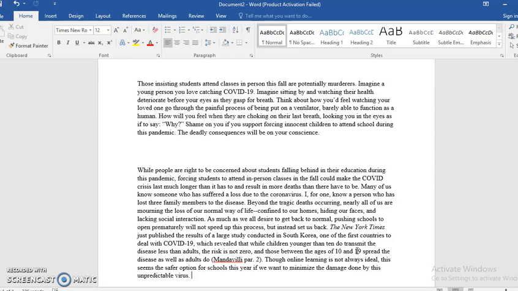But I wouldn't go a whole paragraph like I did in the example above, where it's purely you trying to push the audience into feeling a certain way, right?